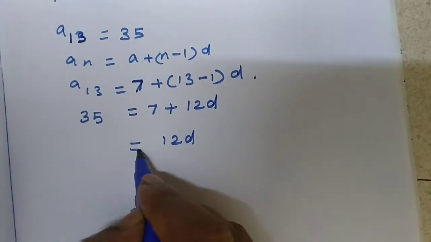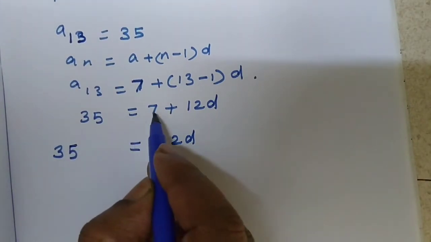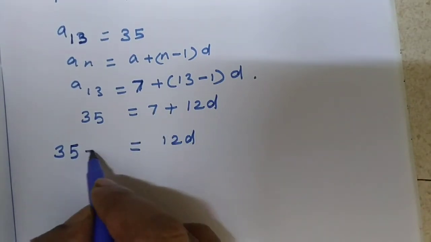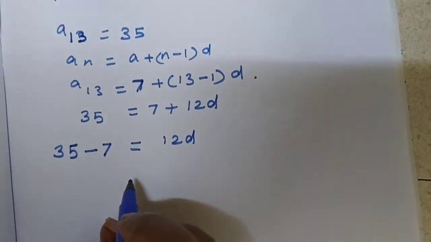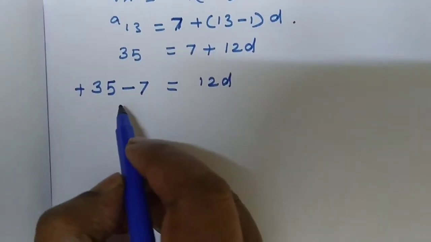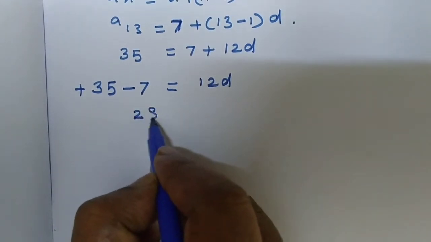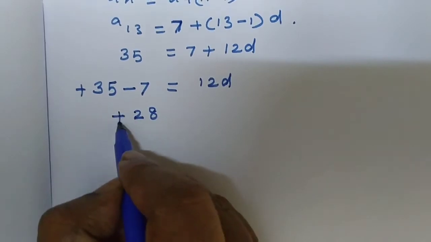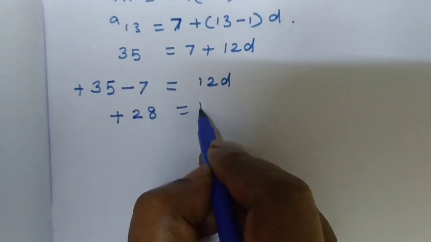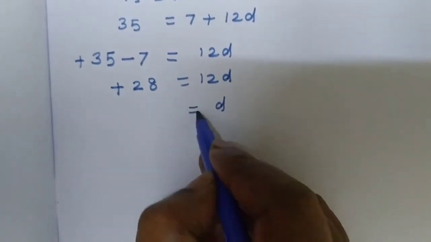35 equals 7 plus 12d. Taking the plus 7 to the left hand side of the equation, this will become minus 7. Its sign will change. So now opposite sign, subtract 7 from 35. Put the greater number's sign. 12d is 28.